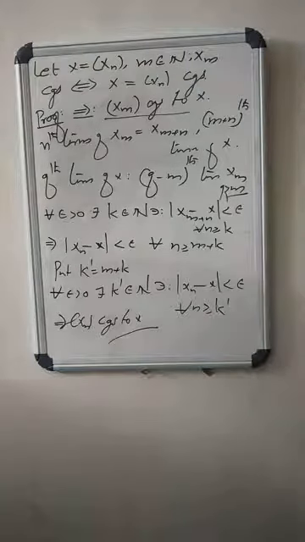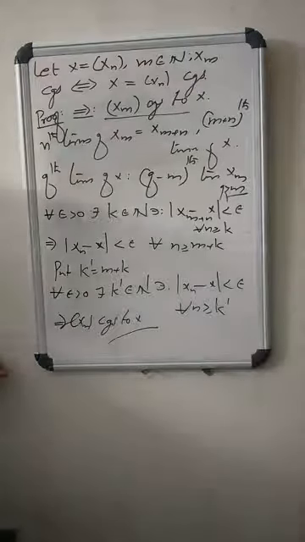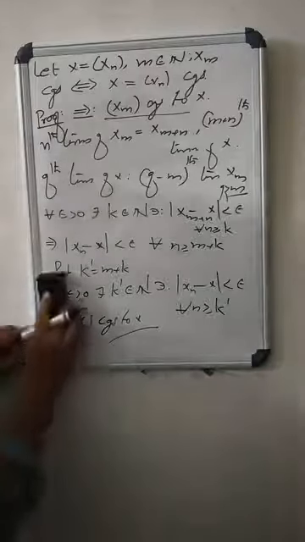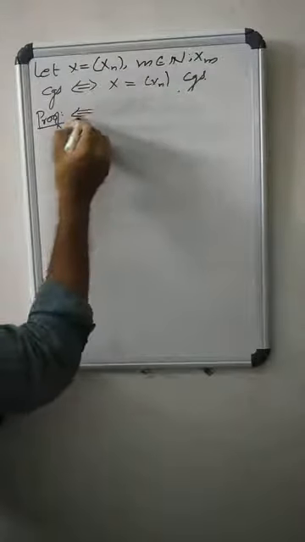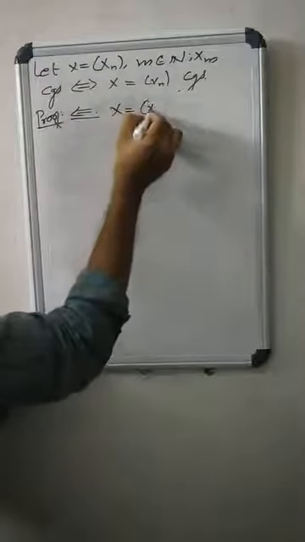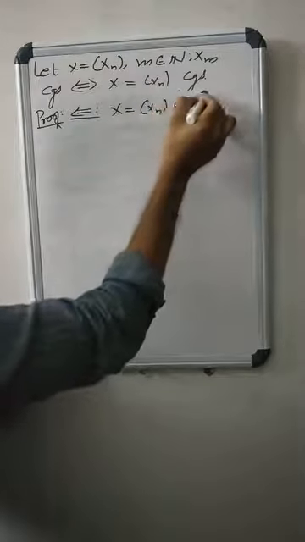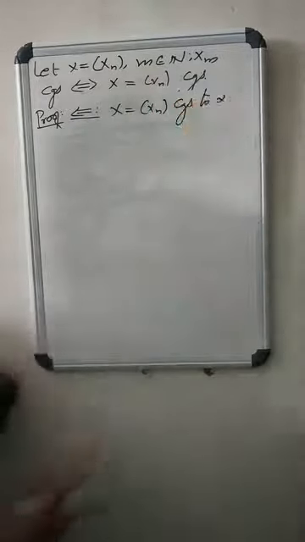Agreed. How to prove the reverse inclusion? For the reverse inclusion, first we suppose that the sequence x equals sequence x_n converges to some x.